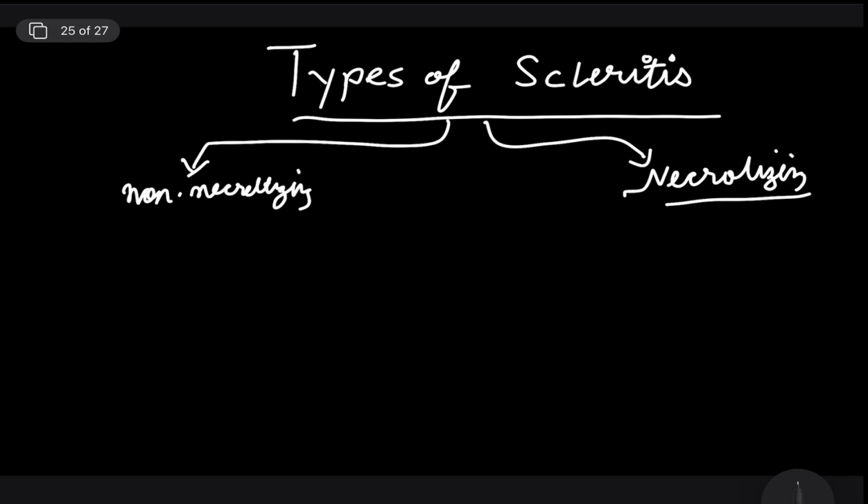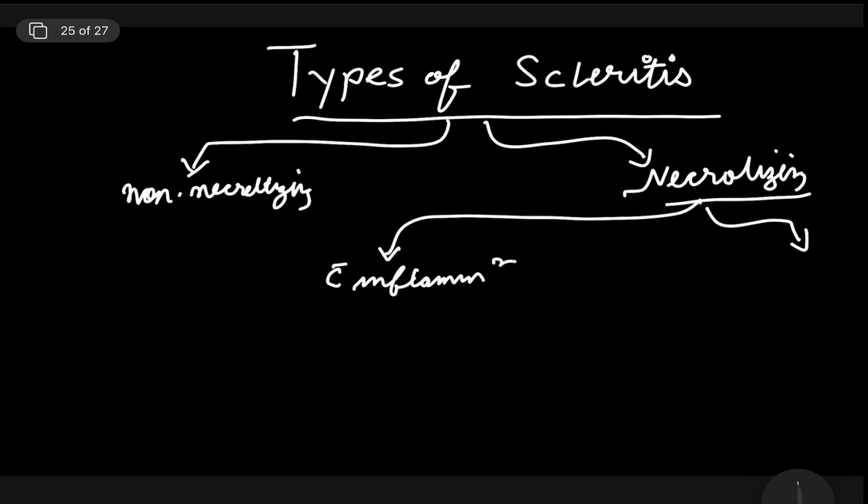Now within necrotizing, again, there are two parts. Necrotizing scleritis can be associated with inflammation, or it can be not associated with inflammation, so without inflammation. Now this is a very confusing thing. Scleritis itself means inflammation.